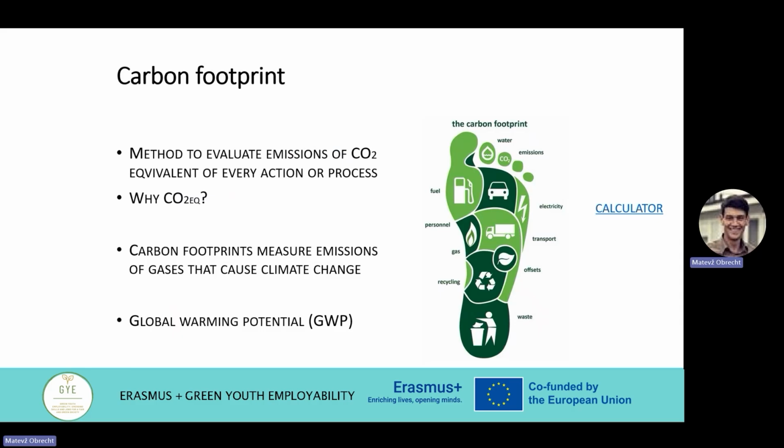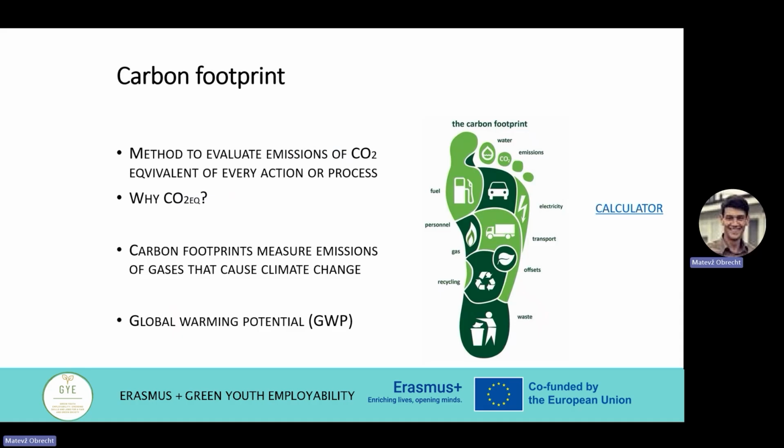So why CO2 equivalent and what kind of equivalent? Actually, we have numerous greenhouse gases, like steam, CO2, methane, and different kinds of others. We will see them later on. And because of the easier representation, CO2 was selected as the basic currency.